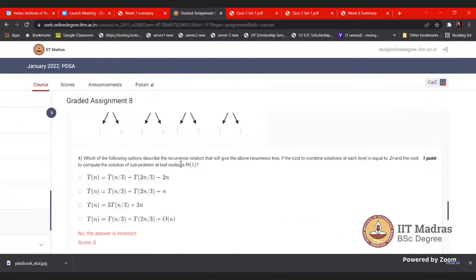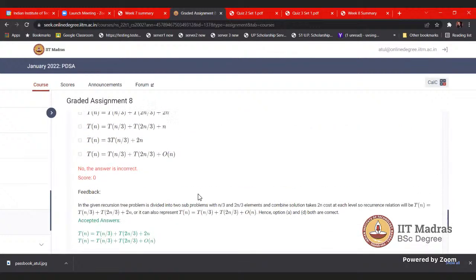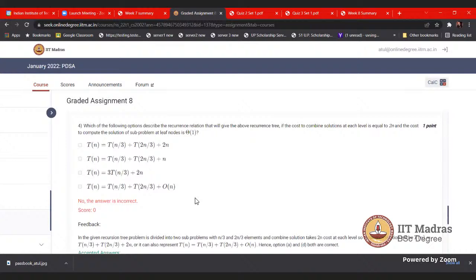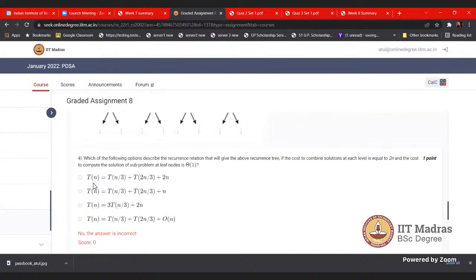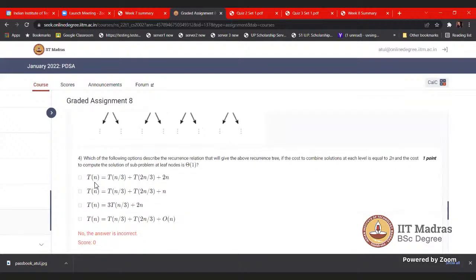So what is the question actually? Which of the following options describes the recurrence relation? Both are different forms. T(n): the first part contains n by 3 and the second part contains 2n by 3, so T(n by 3) and T(2n by 3).